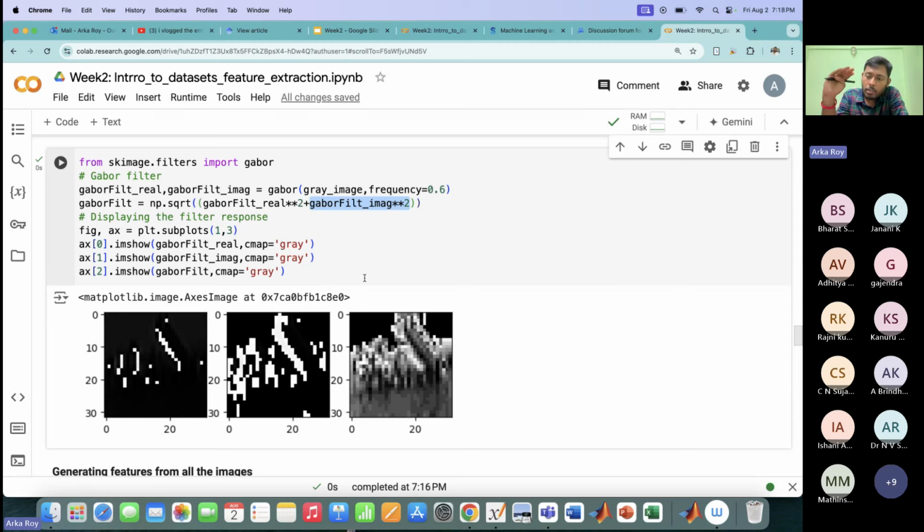I have shown this for a single image. Now you can understand that you have 50,000 images, and for these 50,000 images you have to calculate all these sorts of features. So you have to write a loop which will run over the 50,000 images and store these feature values.